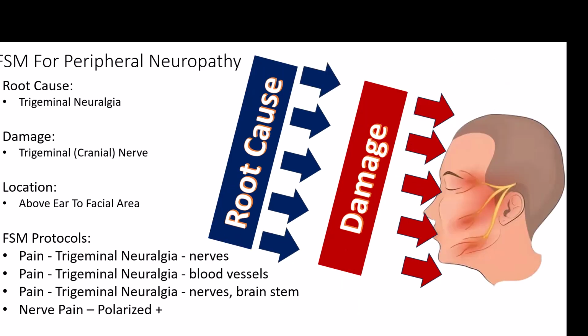Another peripheral neuropathy is trigeminal neuralgia. The trigeminal nerve is a cranial nerve, meaning that it exits the brain. There are many suspected causes of trigeminal neuralgia. FSM treatment includes treating the nerve, the blood vessels around the nerve, and the part of the brain that the nerve originates from.